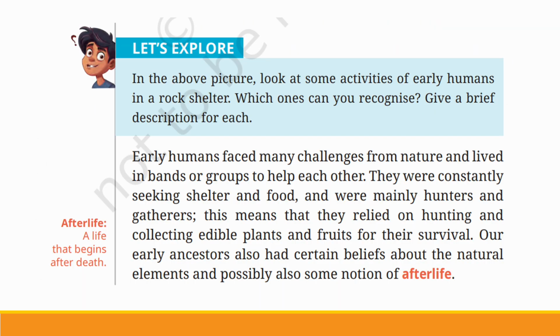Early humans faced many challenges from nature and lived in bands or groups to help each other. They were constantly seeking shelter and food and were mainly hunters and gatherers.